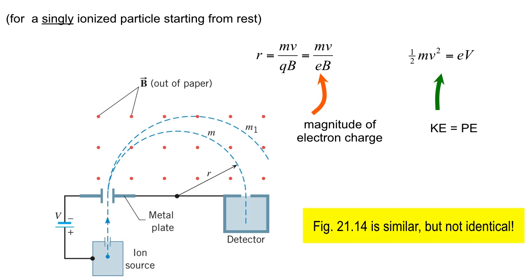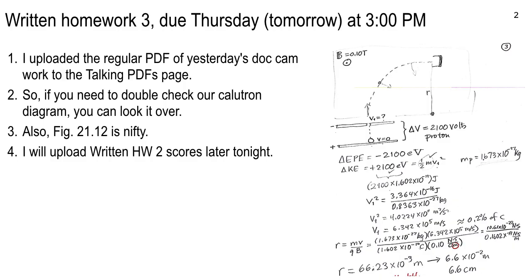Now here's another diagram, 21.14. This is similar, but it's a different geometry. The geometry that I want you to use is this one back here: a 90-degree turn from 9 o'clock to 12 o'clock. That's the one that we used in class, and that's the one I want you to use for judging the separation of the 2 beams of isotopes.